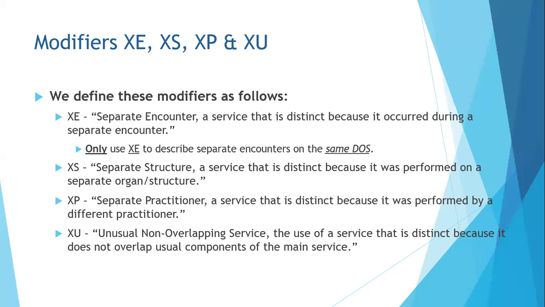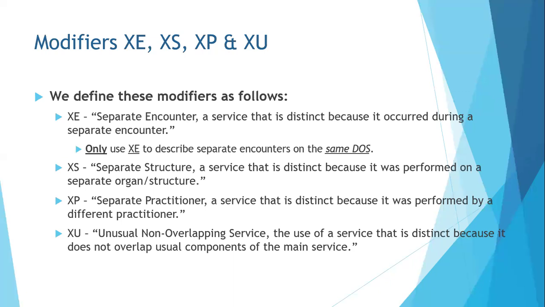Okay. Then you have an XU. So this is probably the least used modifier, at least in my opinion, least used of the X modifiers, unusual or non-overlapping service. So basically it's distinct and it does not overlap the usual components of the main service. So it may still be in the same area, but it doesn't include the elements that are in the other service.